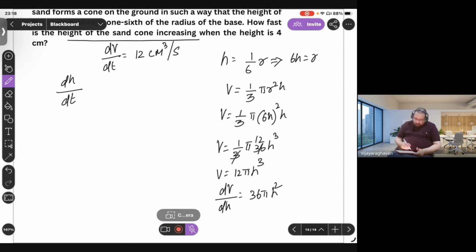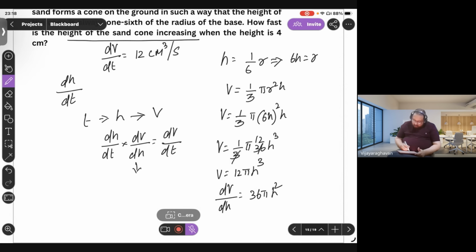Now, we will establish the chain rule. So, time pushes height, that pushes the volume. Therefore, we have dh/dt multiplied by dV/dh will give us dV/dt. Fine. dV/dh we know.